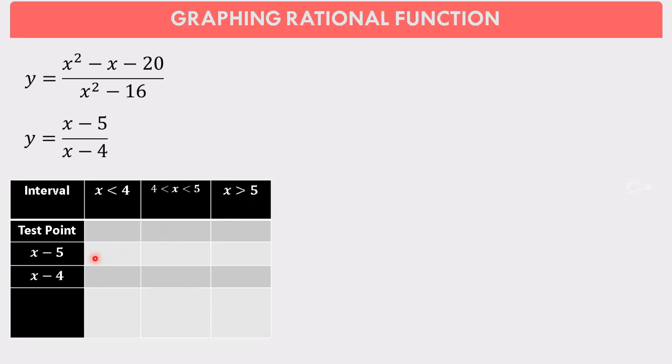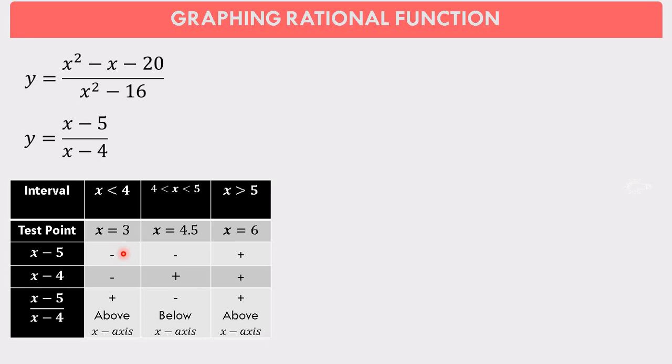The expressions are x minus 5 and x minus 4, and the test points are 3, 4.5, and 6. We test them. The signs are negative, negative; positive, negative; positive, positive; then multiply. So we have positive above the x-axis, negative below the x-axis, and positive above the x-axis.